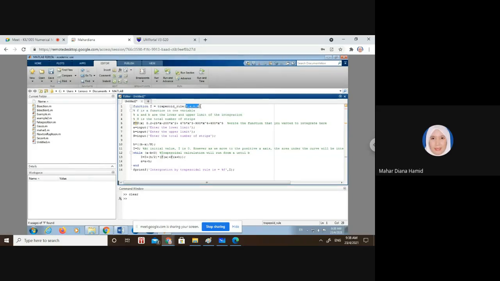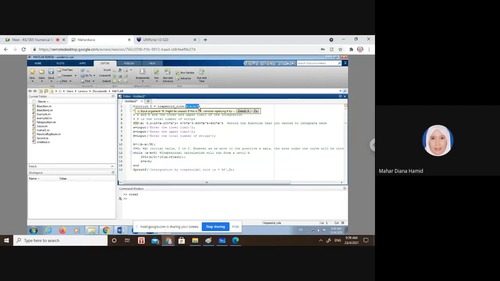The value of I here depends on four items. The first item is F. F here is the equation. A here is the beginning limit or the lower limit. B here is the end limit or the upper limit, and N here is the segments.